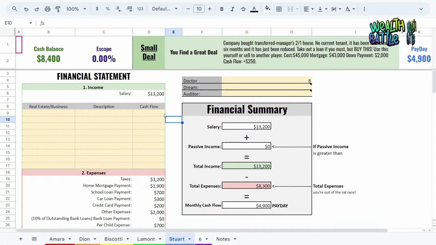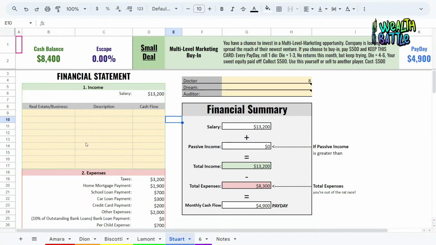We're learning a lot about your psyche. Oh, there's a multi-level marketing buy-in opportunity. The company is looking to spread the reach of their newest venture. If you choose to buy in, pay $500, and every payday you will roll 1 additional die.